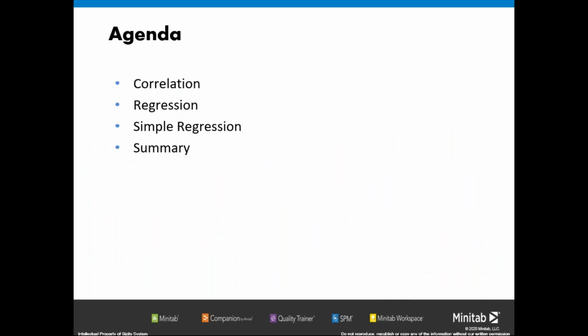So our agenda today: before we go further, I think we just need to know what is correlation, what is regression, how to run this analysis, correlation and regression, and then why you need correlation and regression to solve our problem. For example, you have a question like: are the temperature and the viscosity of cooking oil related, and if they are related, how strong is the relationship.